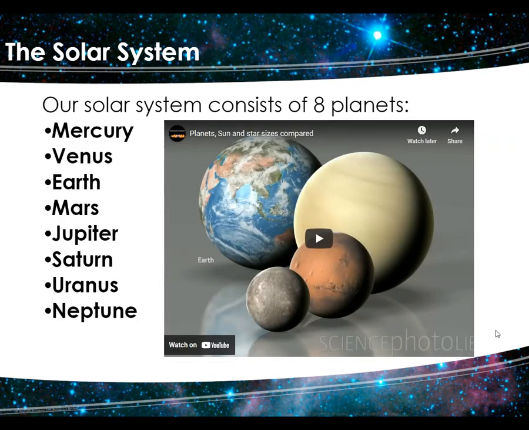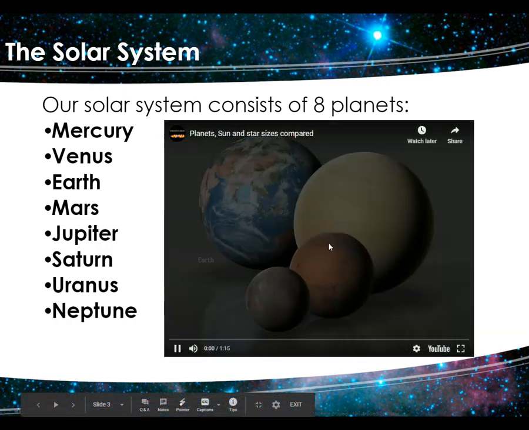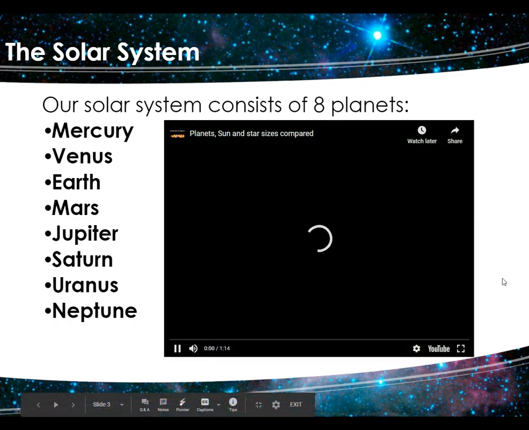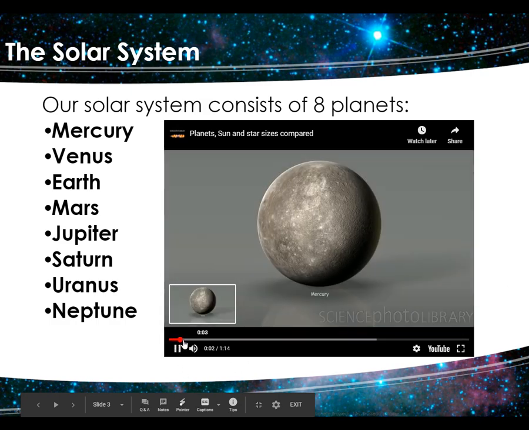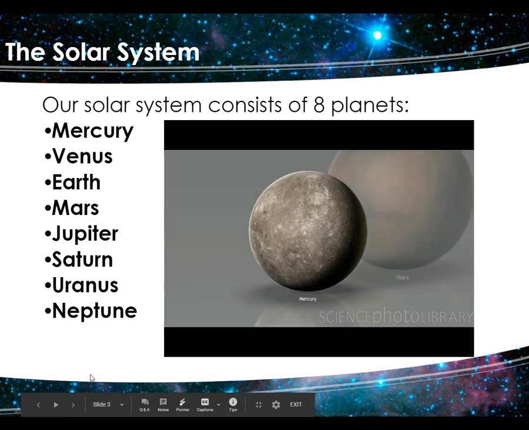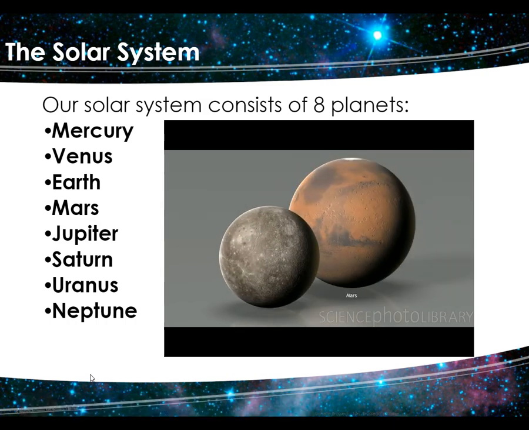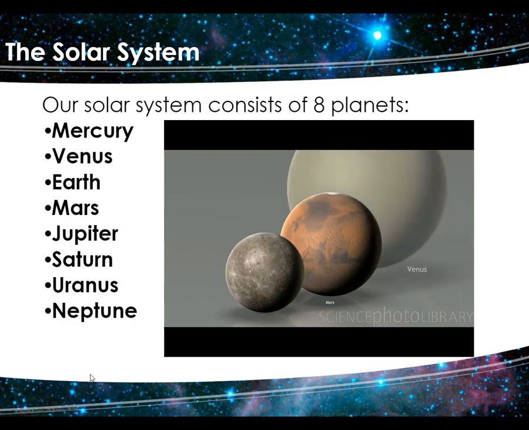So our solar system itself consists of 8 planets: Mercury, Venus, Earth, Mars, Jupiter, Saturn, Uranus, and Neptune. If we look at the scale of our planets, this is planet Mercury, and you can see compared to Mars, it's definitely smaller.